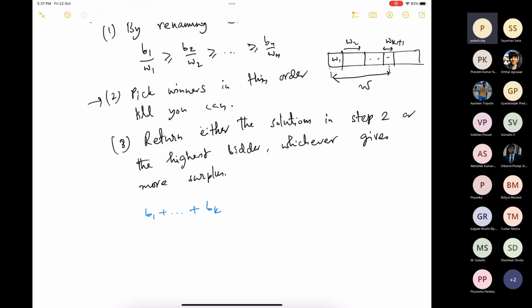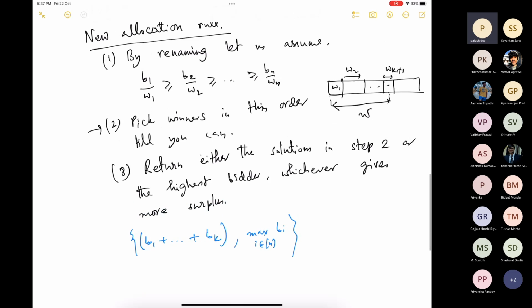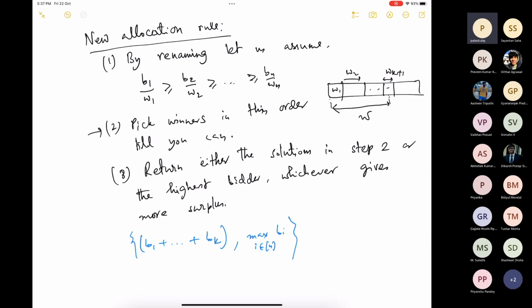So either you pick this, you look whether this is more or max of bi is more. Whichever is more, you output this. Okay. So clearly this is efficiently computable. All the steps can be implemented in polynomial time.